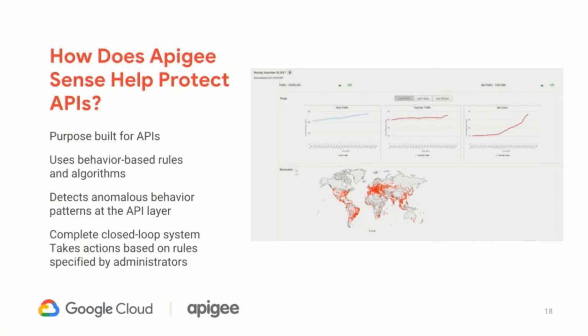So how does Sense work? As I mentioned, it's built specifically for APIs, and we've leveraged the fact that we process trillions and trillions of API calls to learn what the bad behavioral patterns are. And this is, again, not deterministic, where one particular call is exhibiting this behavior.